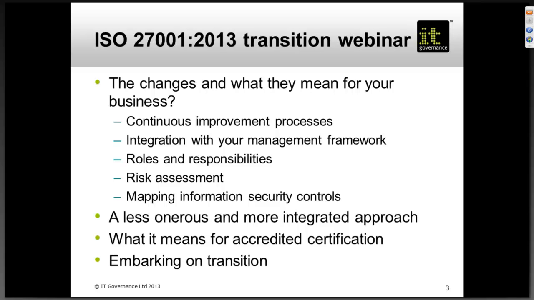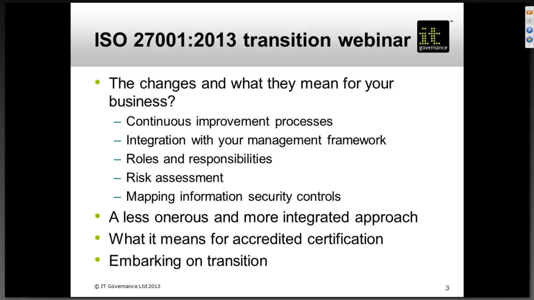There are some sub-bullet points there that you can see that give you some indicators of where those significant changes are. Right at the outset, the continual improvement process that the standard has been based on from the year dot, the original version BS7799. We'll be looking at how the 2013 version is better positioned to integrate with any existing management framework you already adopt.